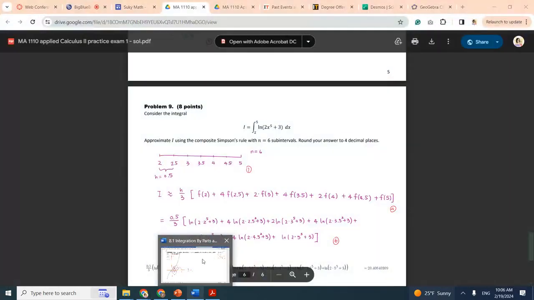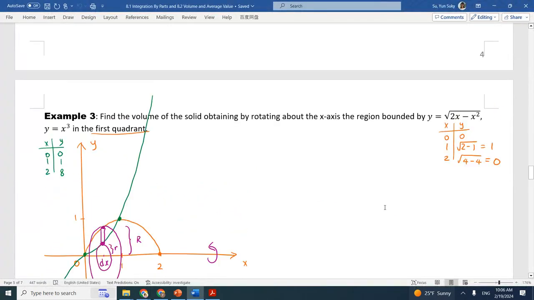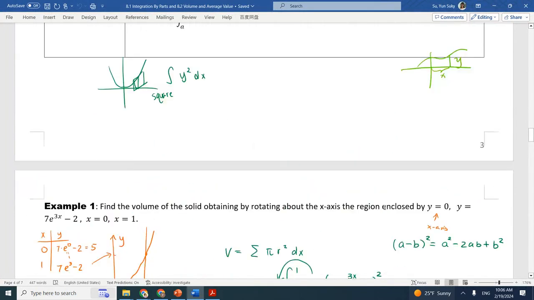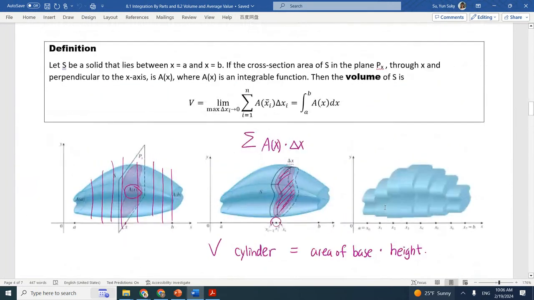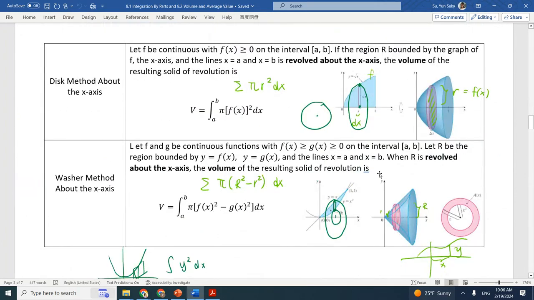Okay, so let me close that. So last time we talked about how to find the volume of a solid of revolution. Do you still remember that? We have a solid, right? We want to cut our cucumber or potato into slices. And our slice is either the disk method or the washer method.